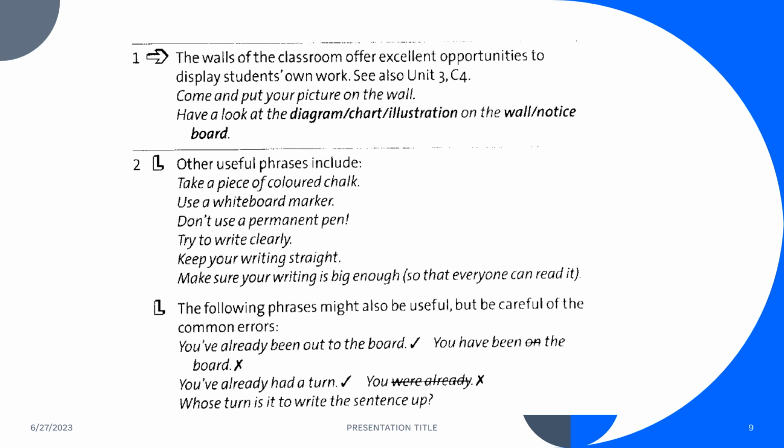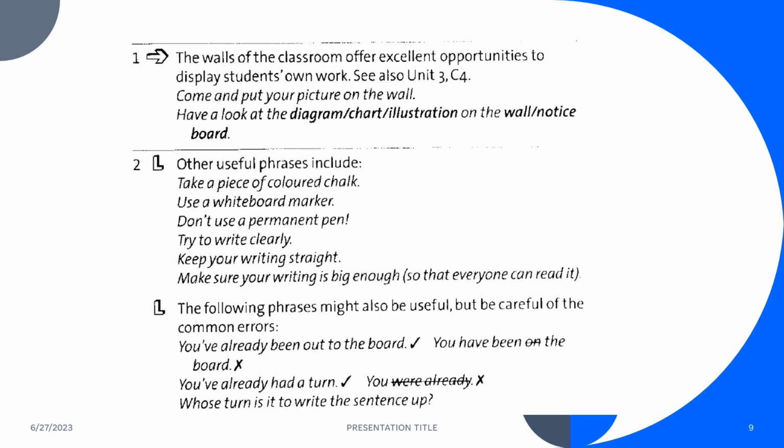You may also use the other usable phrases, include take a piece of colored chalk if you use a blackboard. Use a whiteboard marker. Don't use a permanent pen. Try to write clearly. Keep your writing straight. Make sure your writing is big enough so that everyone can read it. The following phrases might also be usable, but be careful of the common error.